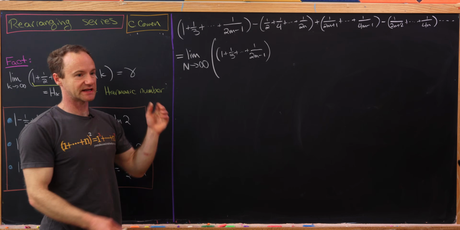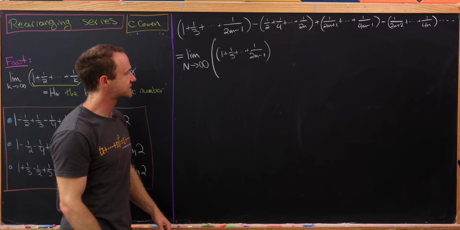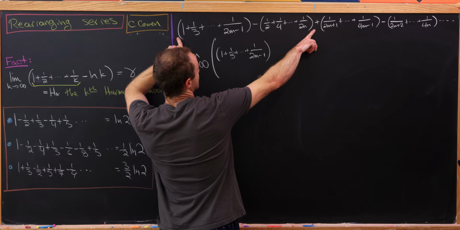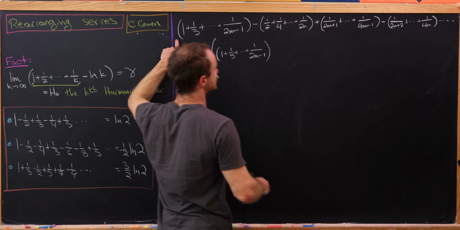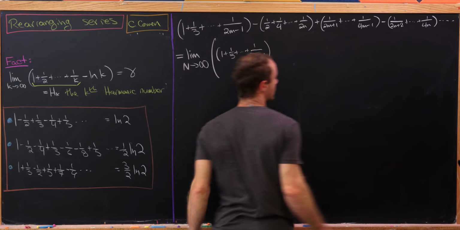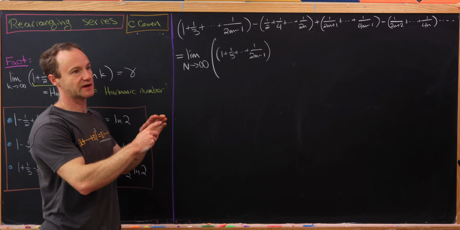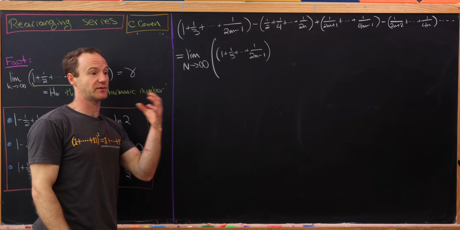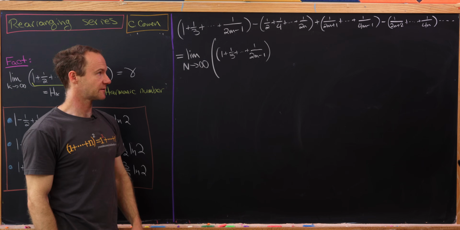So capital N is going to count the number of our blocks. So if capital N is equal to 1, it would just be this term right here. If capital N is equal to 2, it would be everything on the board. If capital N was equal to 3, it would include the next 2 terms, so the positive block and the negative block.